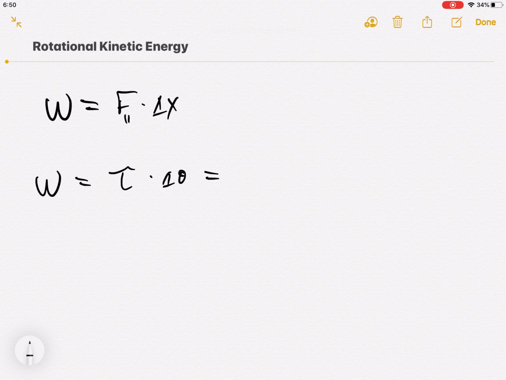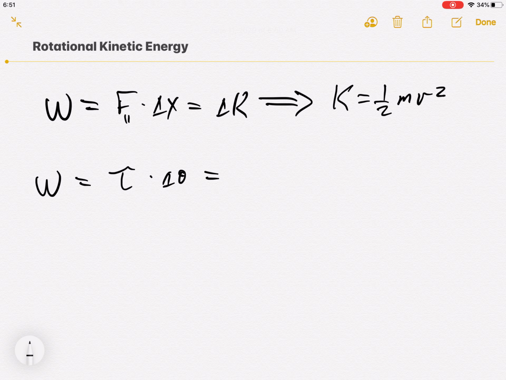That leads to, so work done by a linear force, right? I mean that's redundant. Work done by a force over a distance led to a change in kinetic energy, and we use this to define kinetic energy. So work done by a torque over an angular displacement also leads to a change in kinetic energy.